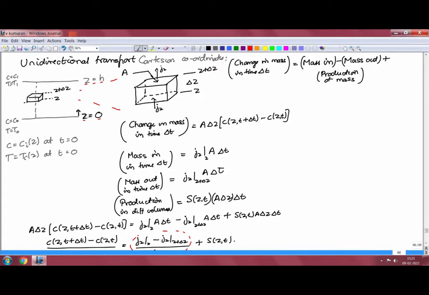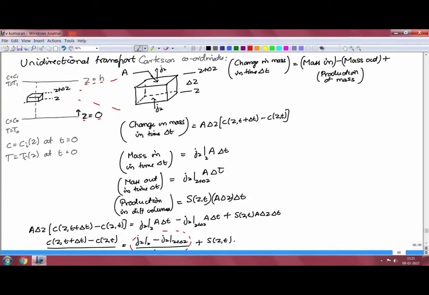And we derived an equation for this by considering a differential volume bounded by surfaces of constant coordinate, two surfaces separated by a distance delta z in the z direction. The z direction is the direction in which there is variation of the concentration, temperature or velocity fields.